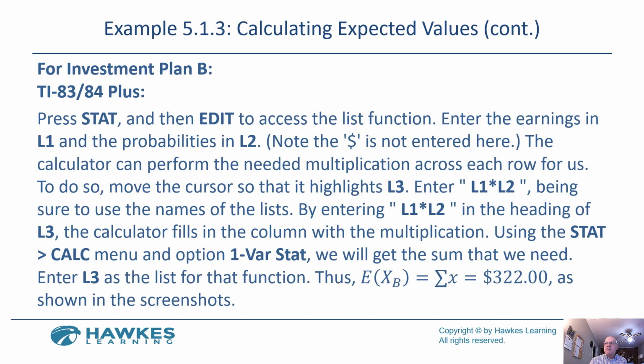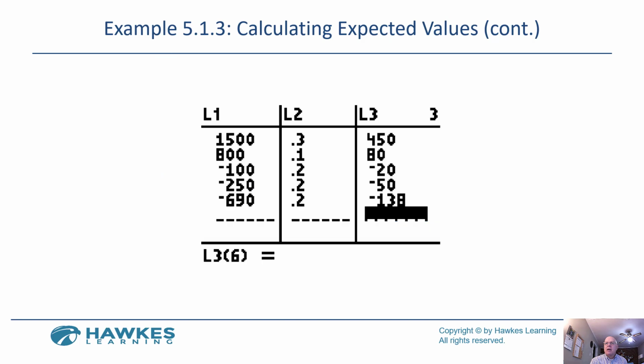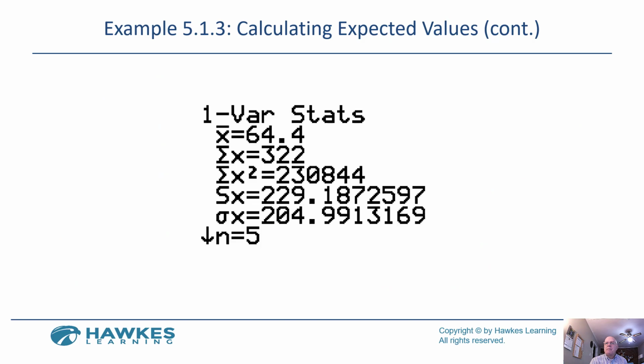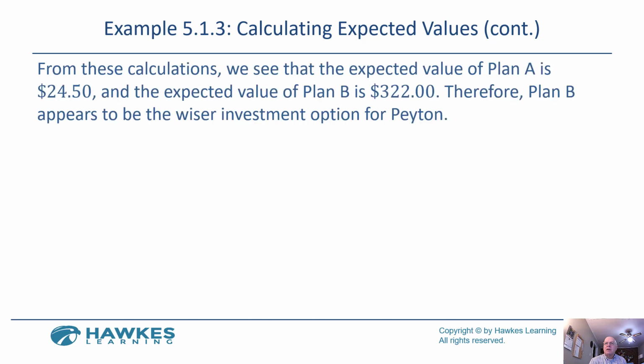Using the TI-84, which I assume you're going to be doing, those are the values for Plan B, right there. L1 filled up, L2 filled up, go to one variable stats, and that's your expected value right there in front of you. So we're doing that for Plan A and Plan B.